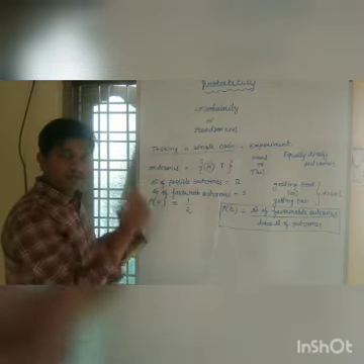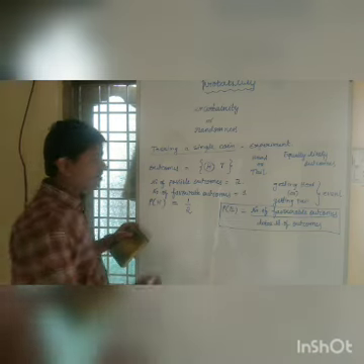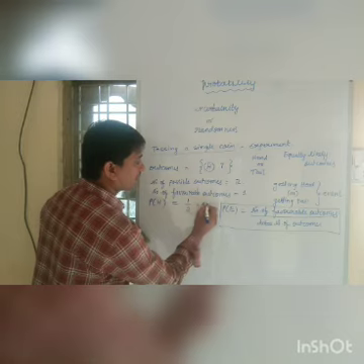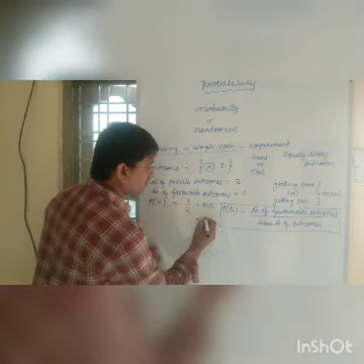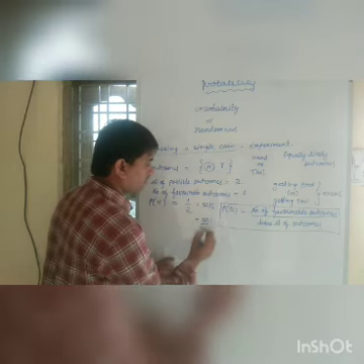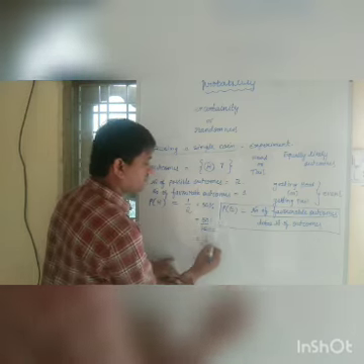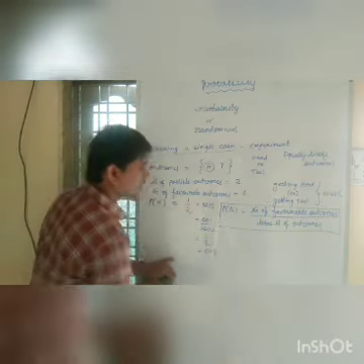You will get only 1 time, that is 1 by 2, which is nothing but 50% chance. 50% means 50 by 100, that is 1 by 2, or we can also write 0.5.